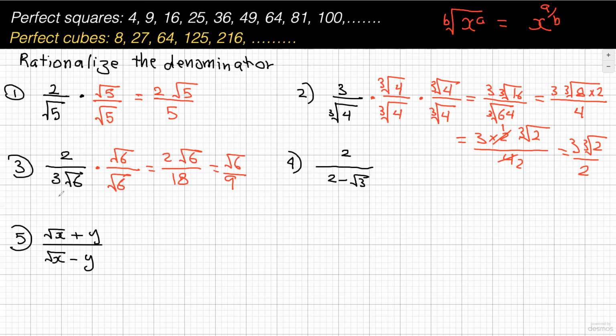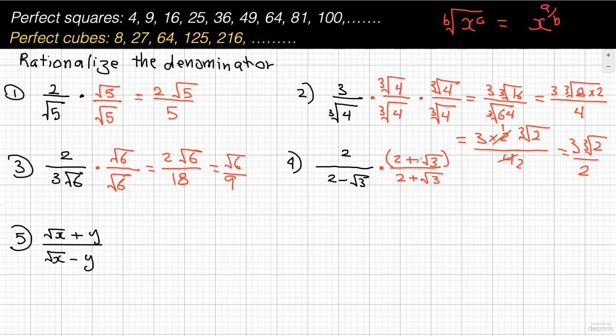Here, if you look at this here is a monomial, just one term, but here you have 2 terms. And when we have 2 terms, we have to multiply with what we call the conjugate. What's a conjugate? The conjugate, you see how this is a binomial? The conjugate of the binomial on the bottom is the same thing, except you change the sign. That's what we call a conjugate. Okay, and whatever you do to the bottom, you do to the top.